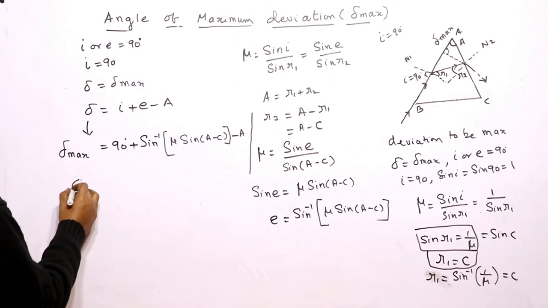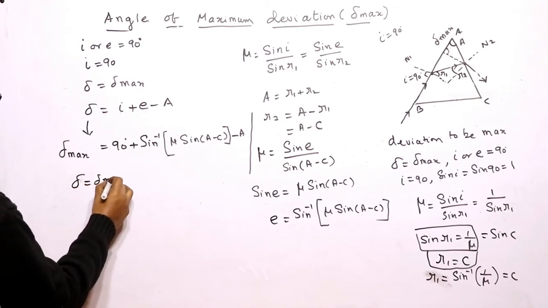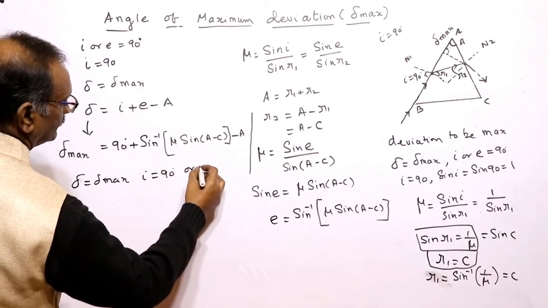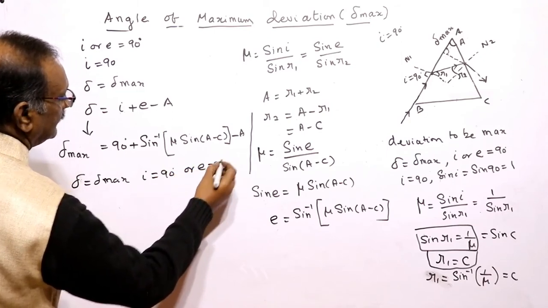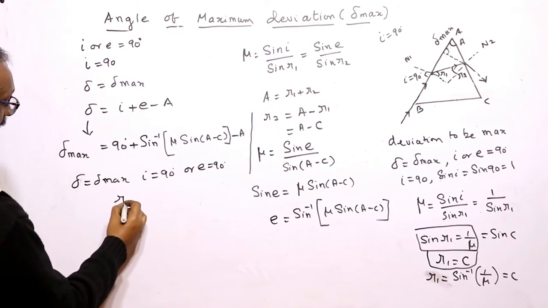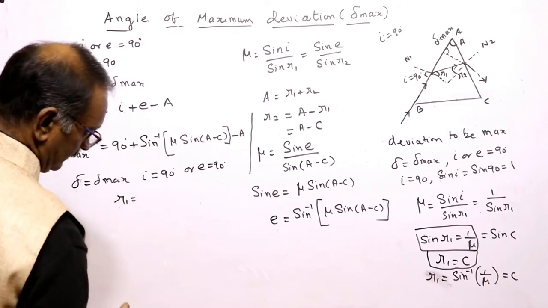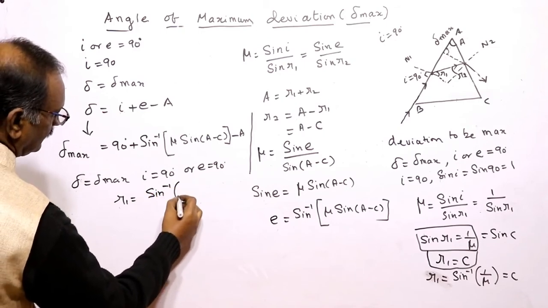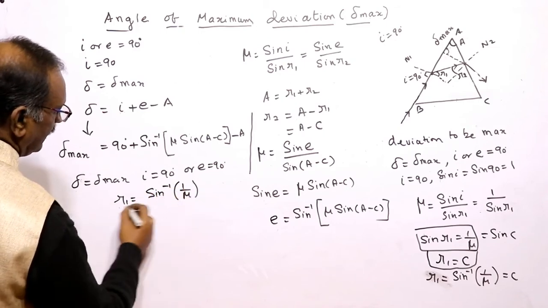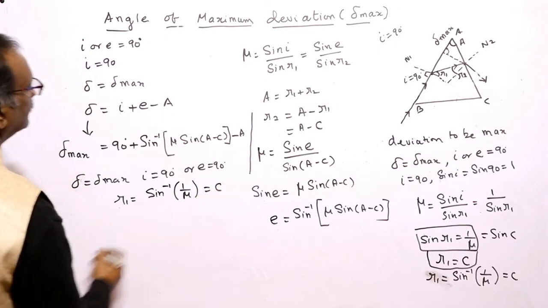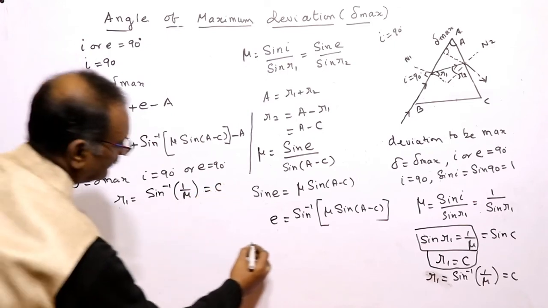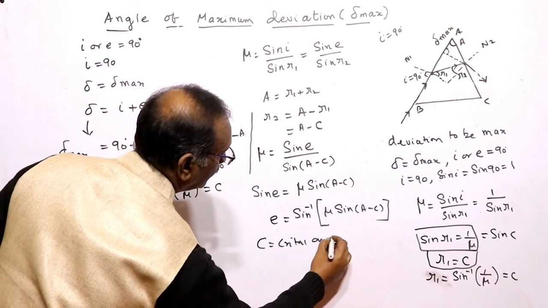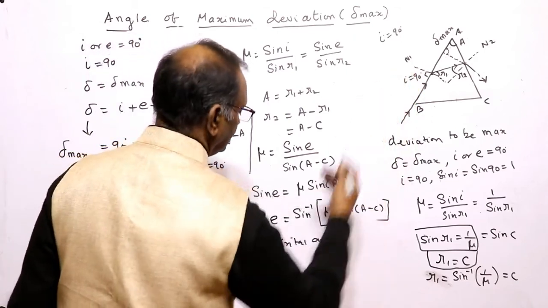So in this condition, rho is equal to rho max, I should be equal to 90 degrees, and R1 is equal to sine inverse of 1 by mu, where R1 is equal to the critical angle C of the prism material.